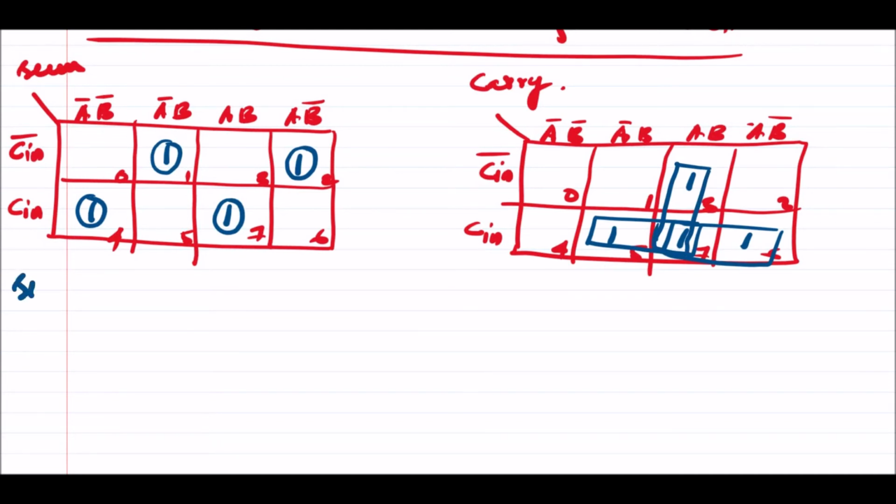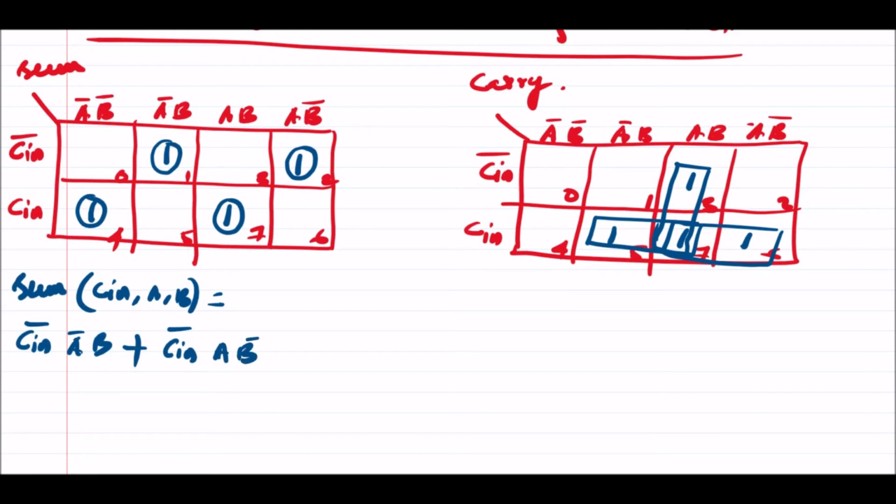So the sum equation here will be: Sum of C in, A, B is equal to C in complement A complement B plus C in complement A B complement plus C in A complement B complement plus at last C in A B.